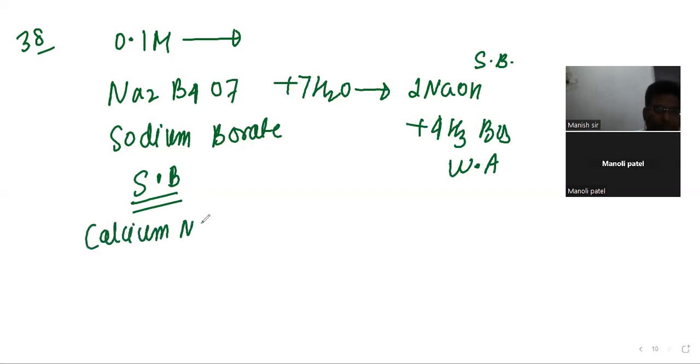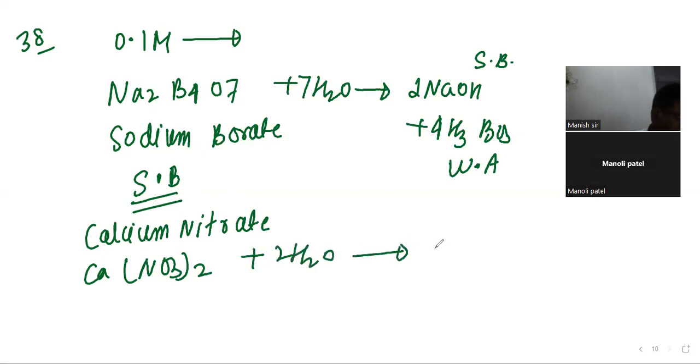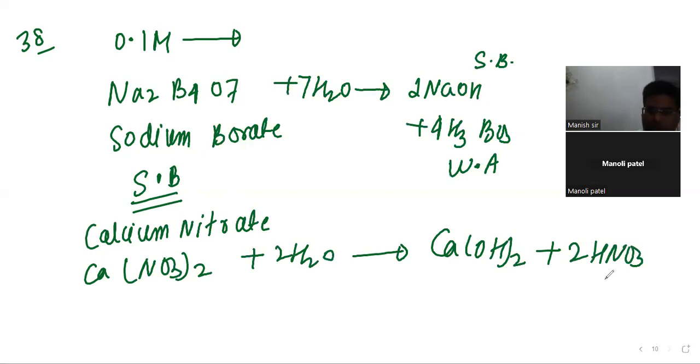Calcium nitrate. So its general formula is Ca(NO3)2. It dissociates in water to form Ca(OH)2 plus 2HNO3, a strong acid.